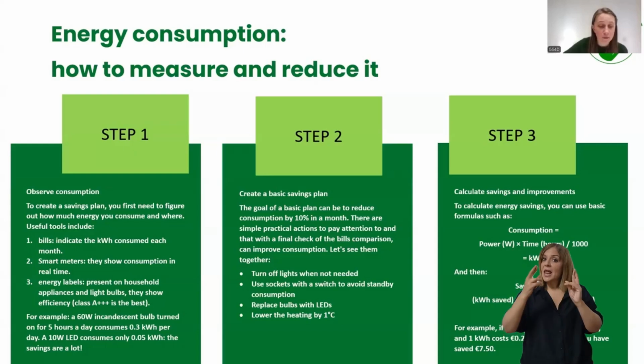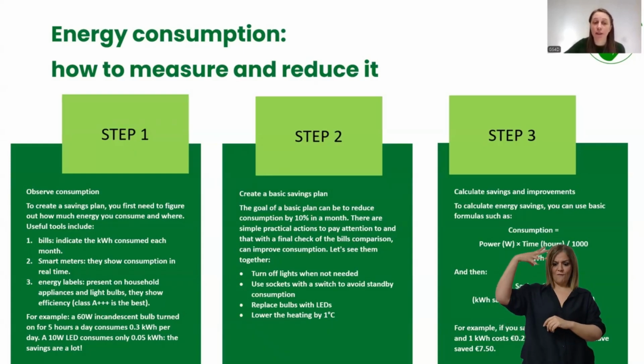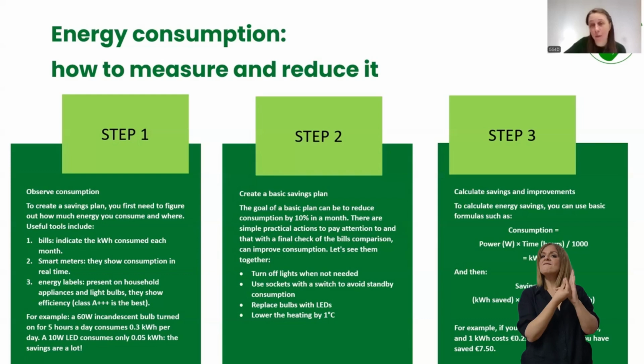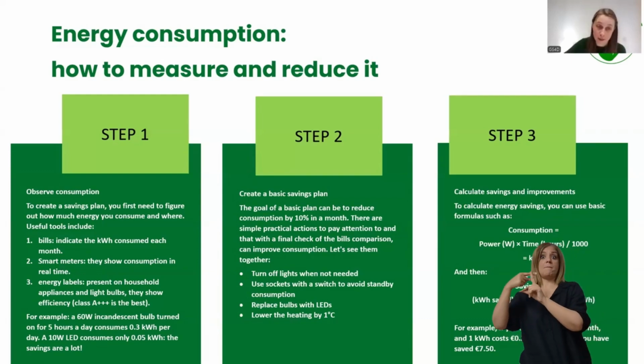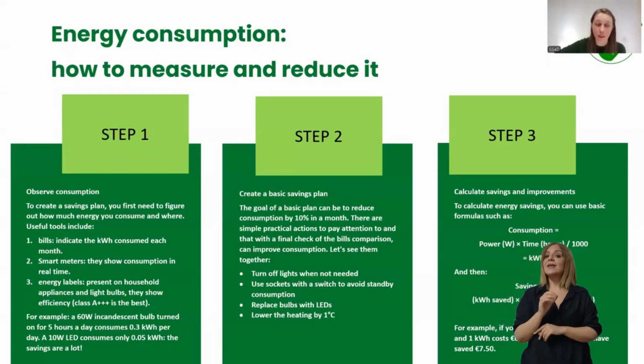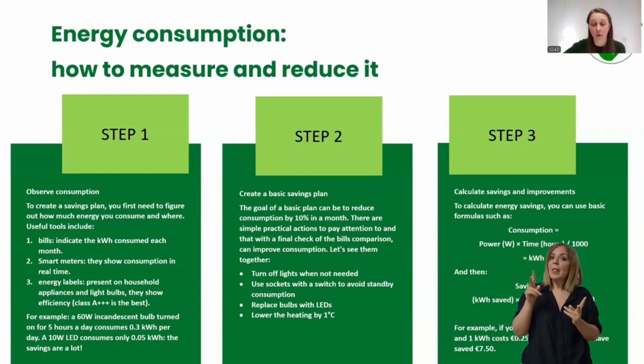And we also have energy labels that we can check. For example, when we buy a light bulb, we can check the energy class of this light bulb. If it's, for example, class A+++, it's the best because it uses a really little amount of power, and it consumes just a little bit, and we can save energy and money, and the environment, first of all, is the beneficiary.